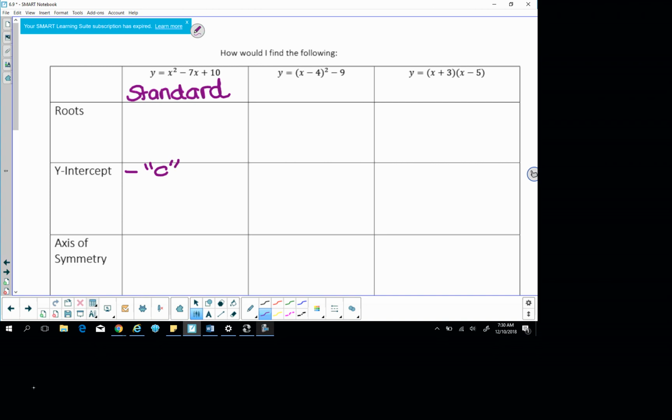So what is our constant here? 10, right? So we know our y-intercept is (0, 10). So when we're looking at our y-intercepts and it's in standard form, it's pretty easy. You just look at the c. I'm always going to say other ways too. You could also look in your calculator, right? Type in the equation and you can find when your x is 0, whatever number your y is your y.